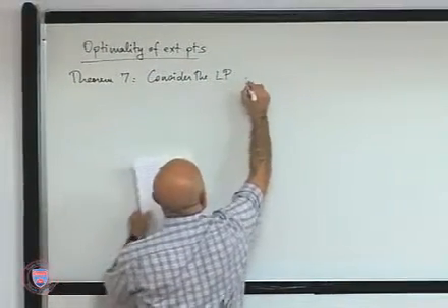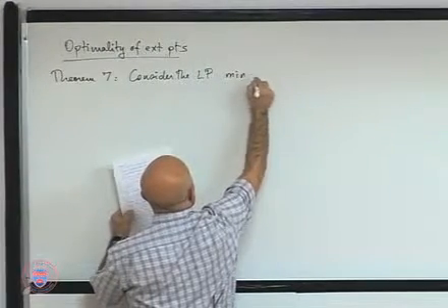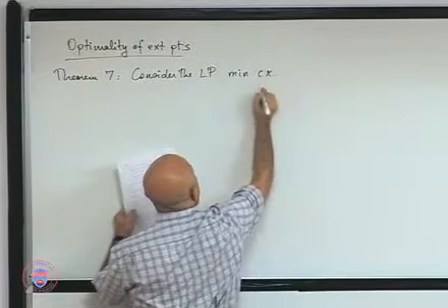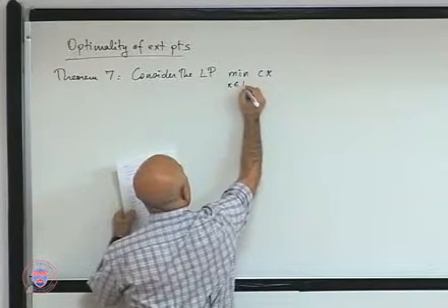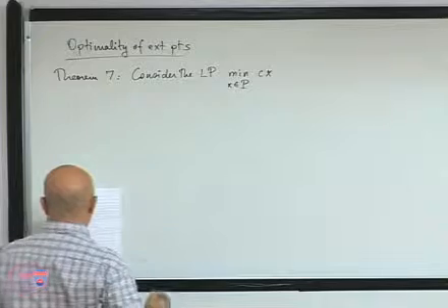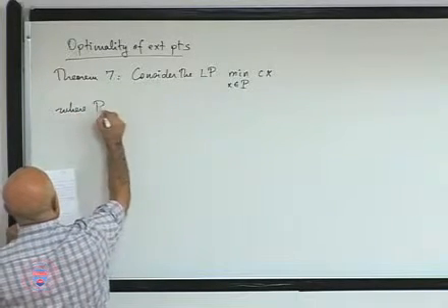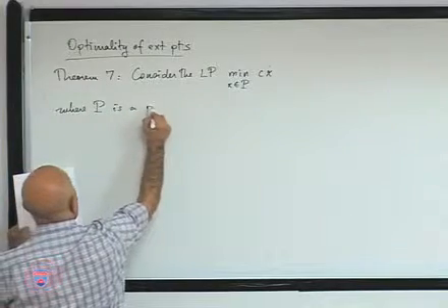Consider the linear program, minimize c transpose x, c is already a row vector, x in some polyhedral set P, where P is a polyhedron.